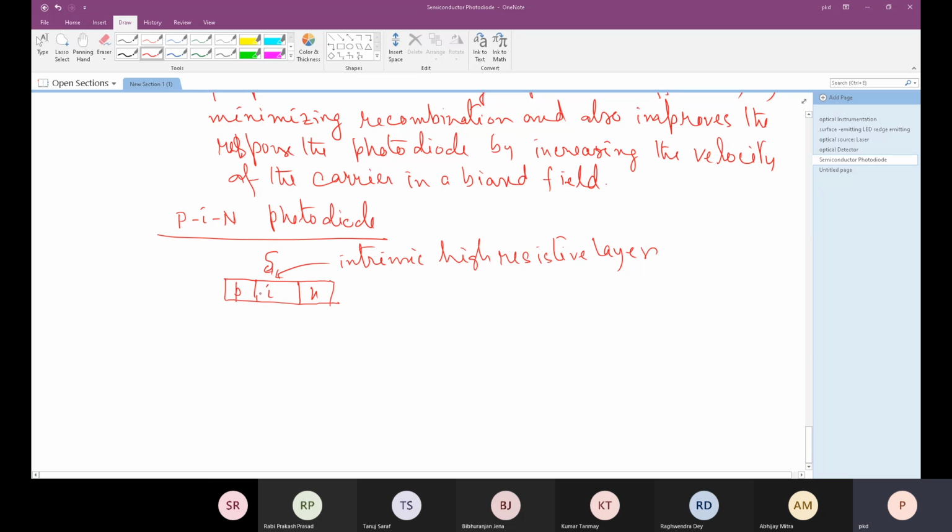So generally, because of the larger depletion zone, it can have higher efficiency compared to PN photodiodes.